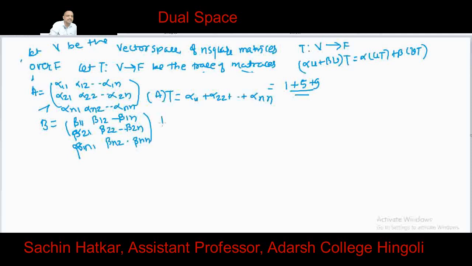This is a matrix. Then T of B equals beta 11 plus beta 22 plus up to beta nn. This is the trace of the matrix.